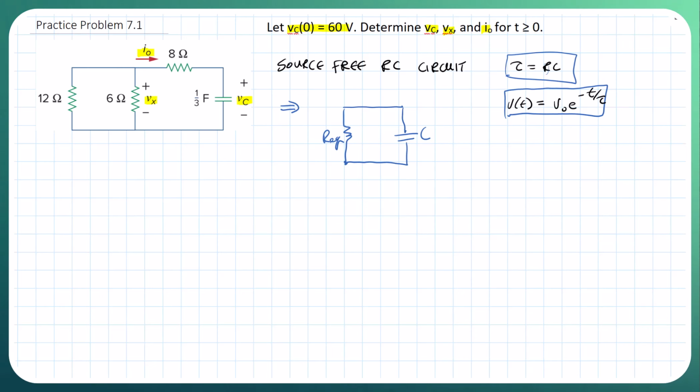We also know that I_R(t) is equal to V(t) over R, which equals V_0 over R times e to the minus t over tau. So all these are potential equations that will help us solve this problem.